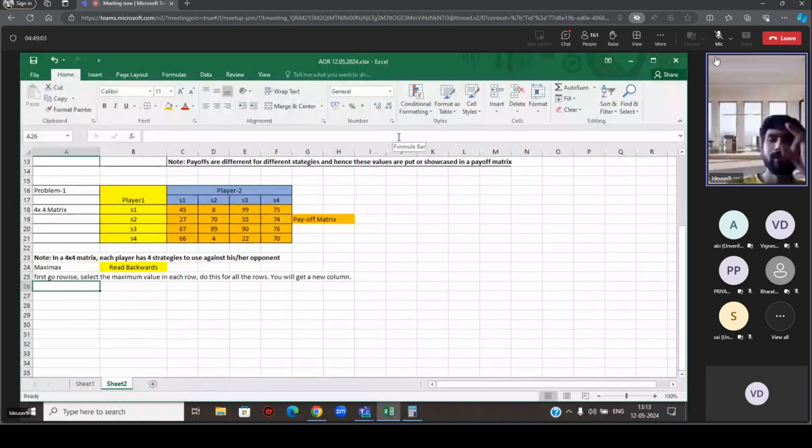Do this for all the rows. When you do this for all the rows, you will get a new column. How? I will tell you. I will solve it here.